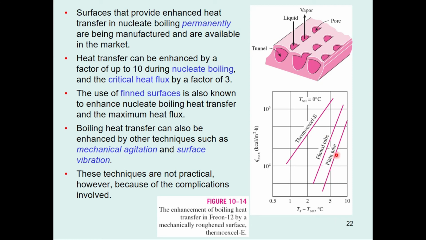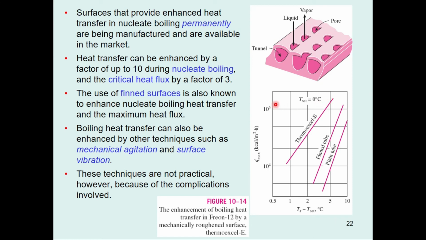This is the plain tube, and in the finned tubes you have extended surfaces, and this is the special geometry which has different pores and tunnels and extended surfaces. So if we compare these three geometries at the same value of delta T excess, we will see that the surface which has the maximum irregularities, pores and tunnels will have the maximum boiling heat transfer.